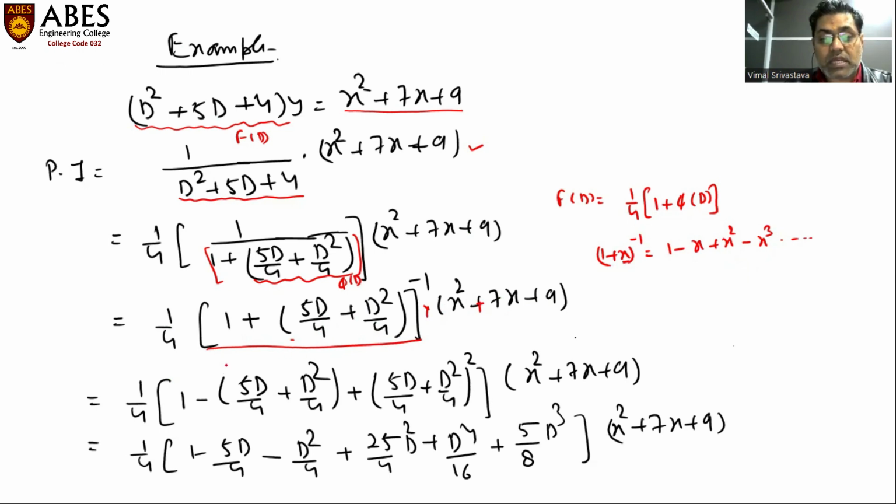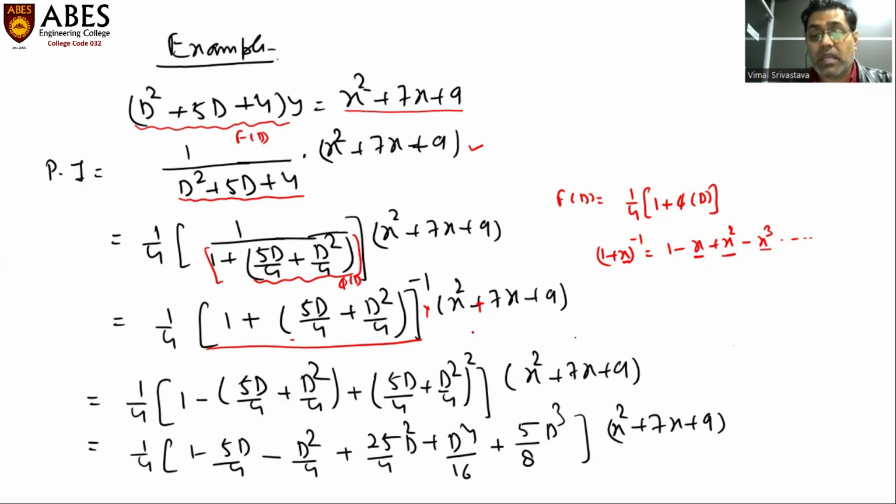So we get 1 by 4 into 1 minus x, which becomes 1 minus 5D by 4 plus D square by 4. The second term is plus x square, which becomes 5D by 4 plus D square by 4, whole square. Now the third term is minus x cube, but we are ignoring it here.